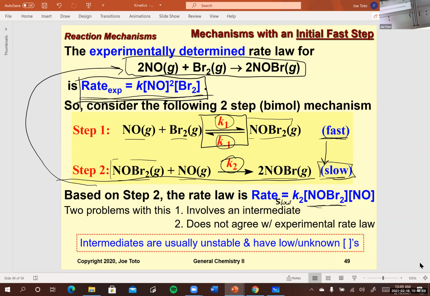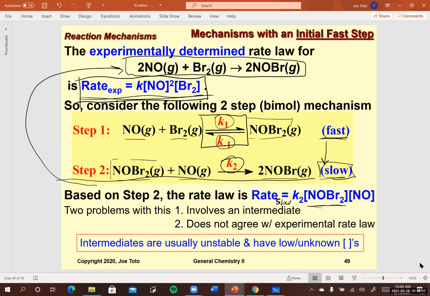That introduces the definition of equilibrium. For something that reaches equilibrium, as you may recall from Chem 200, the rate of the forward reaction equals the rate of the reverse reaction.